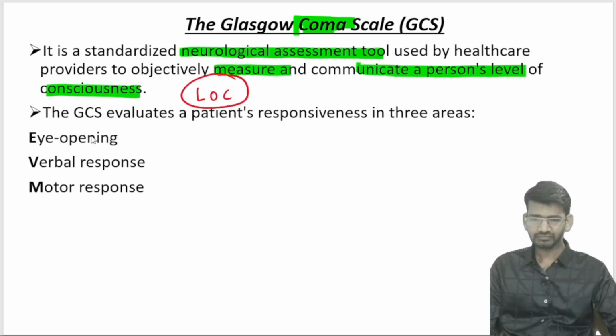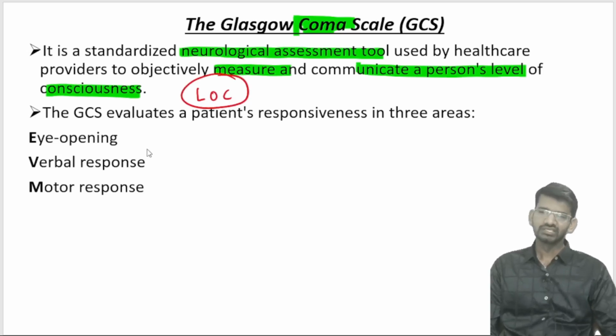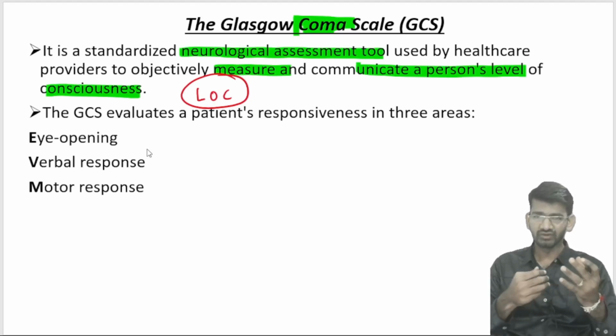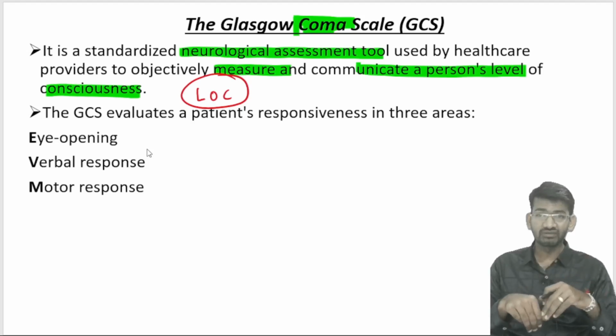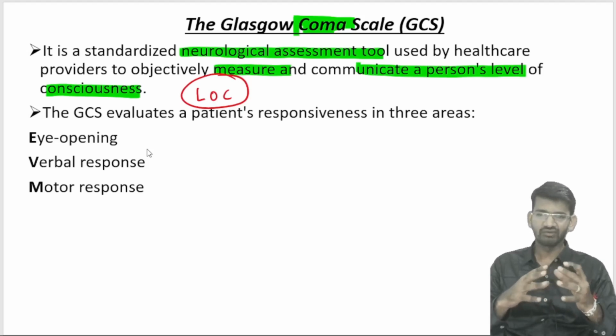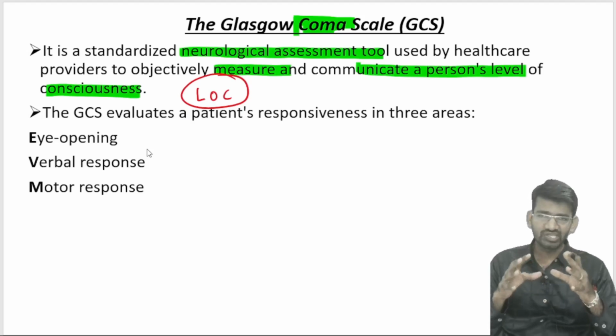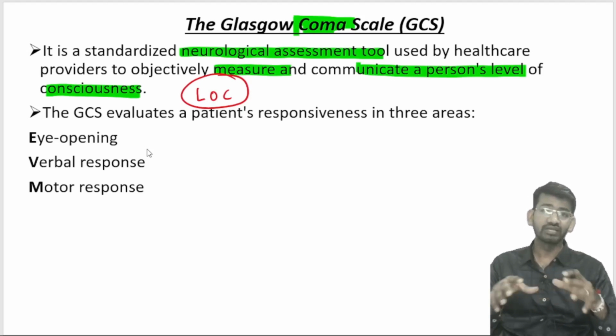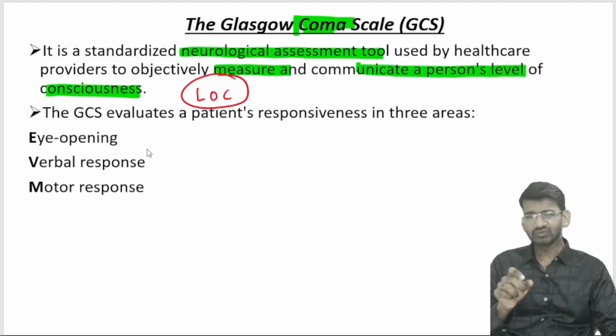Level of consciousness is nothing but the degree of awareness and wakefulness: how much the patient is awake, and how much he is aware of himself and the surrounding environment. To understand this level of consciousness, we usually use the Glasgow Coma Scale.